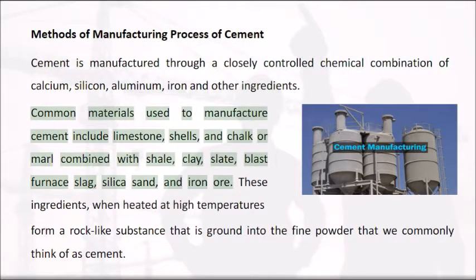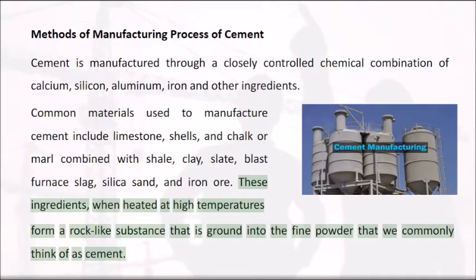Common materials used to manufacture cement include limestone, shells, and chalk or marl combined with shale, clay, slate, blast furnace slag, silica sand, and iron ore. These ingredients, when heated at high temperatures, form a rock-like substance that is ground into the fine powder that we commonly think of as cement.